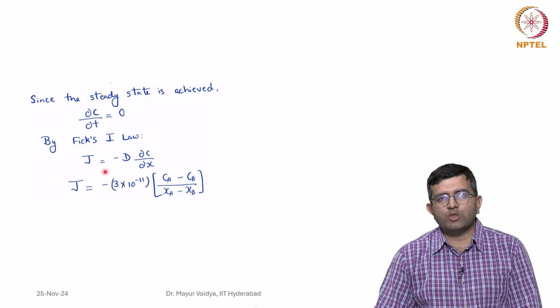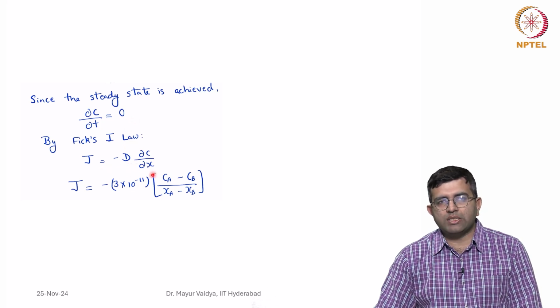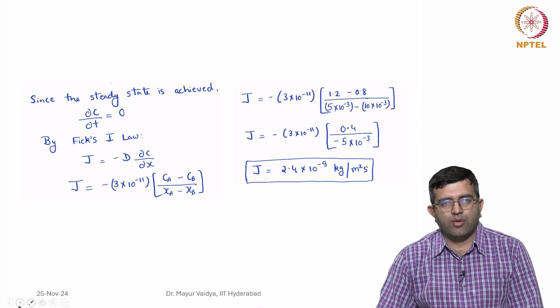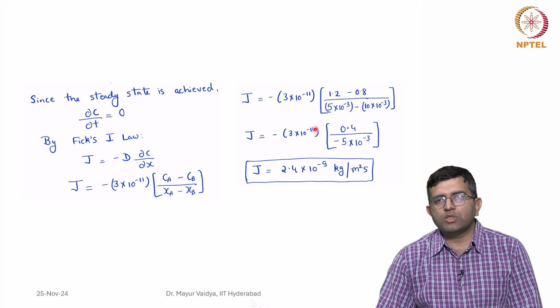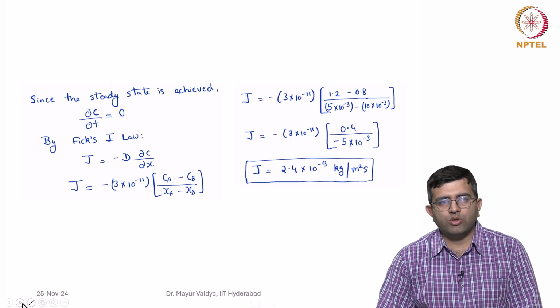So J is equal to minus D times dou C by dou X. D is given as 3 into 10 power minus 11, and dou C by dou X is nothing but Ca minus Cb by Xa minus Xb. Now you just put the values, and you end up with 2.4 into 10 power minus 9 kg per meter square second. So I hope it is clear how you apply Fick's first law here.